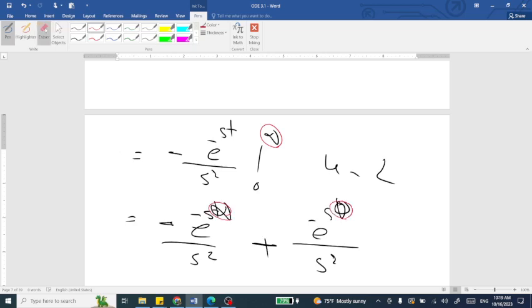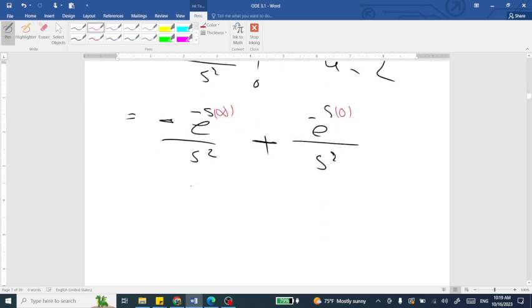Instead of t, I put infinity and 0. By default, e to power minus infinity is equal to 0, so it remains e to power 0, which gives 1 over s square. So everything was good.